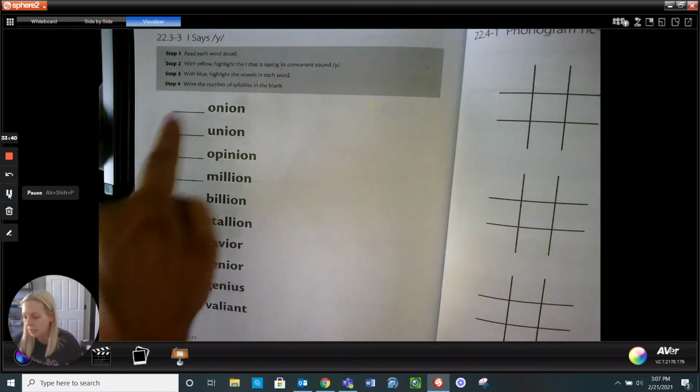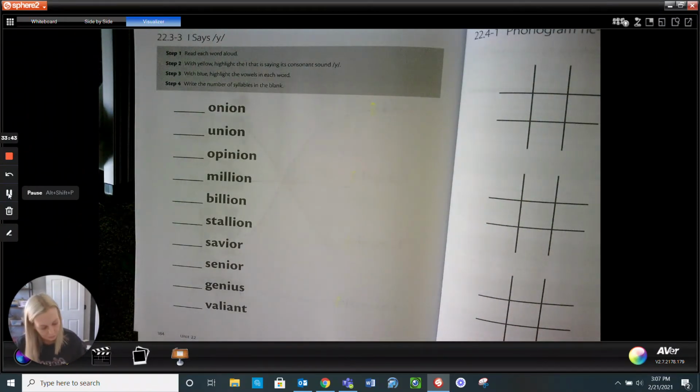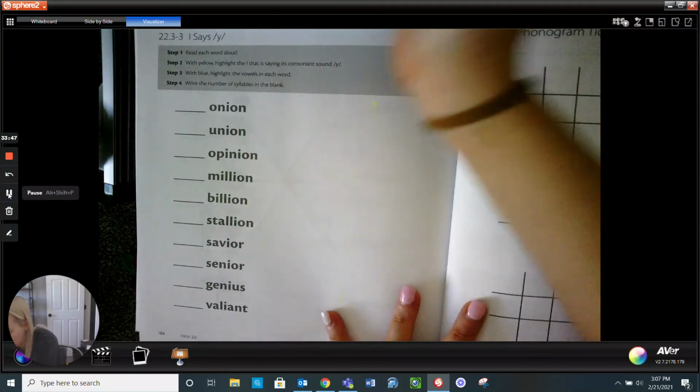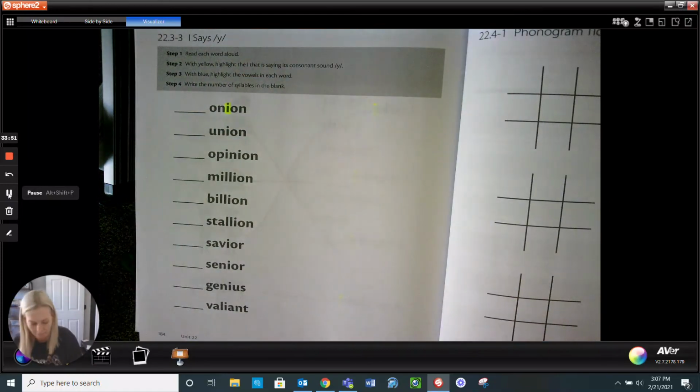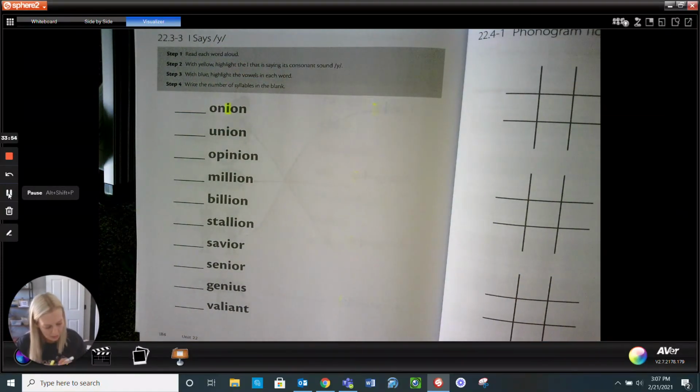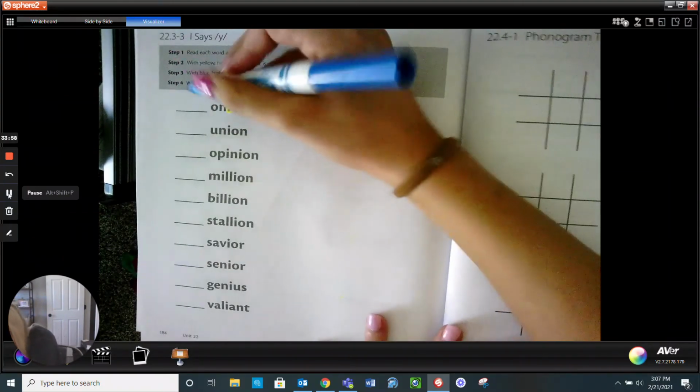All right, first one is onion. With yellow, highlight the I that is saying its consonant sound Y. And with blue, highlight the vowels in the word.